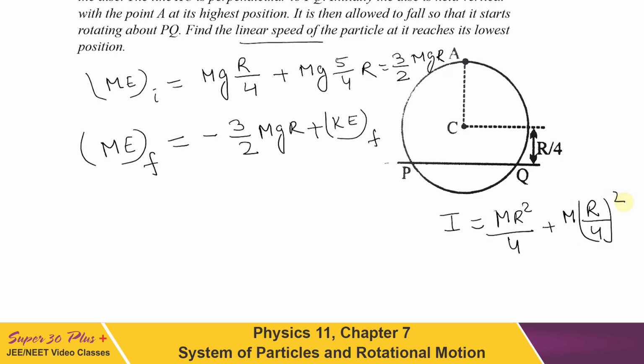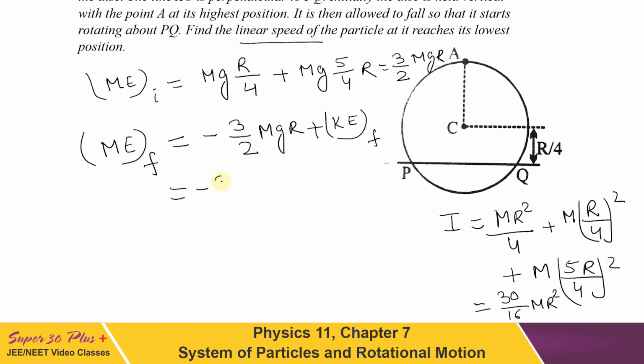And what about the particle A? That has to be equal to m, and its distance is 5r by 4, so this should be square of 5r by 4. This is the moment of inertia of the whole body about PQ, and its value comes out to be 30 by 16 m r square. Now I can directly substitute this value of I in the expression for kinetic energy.